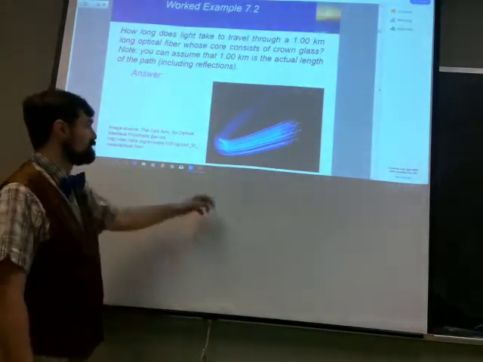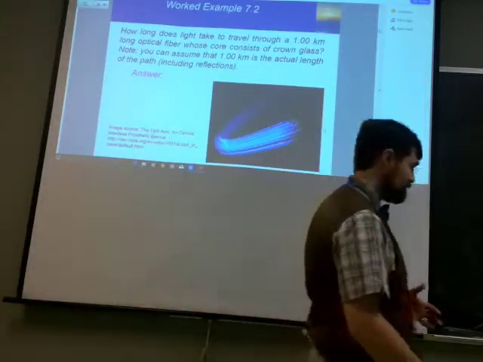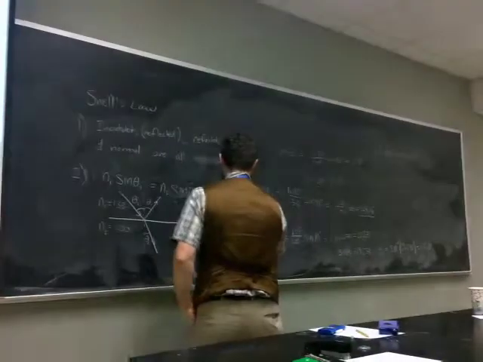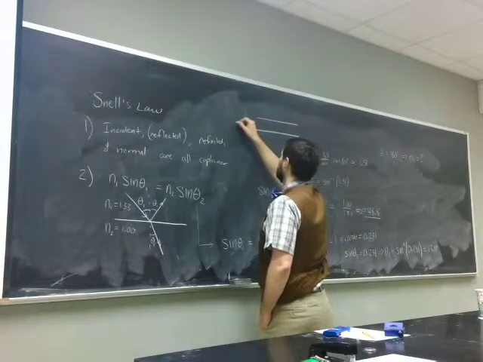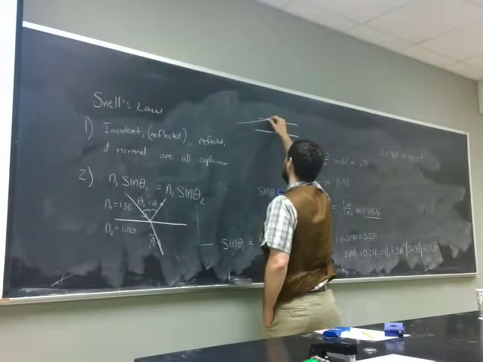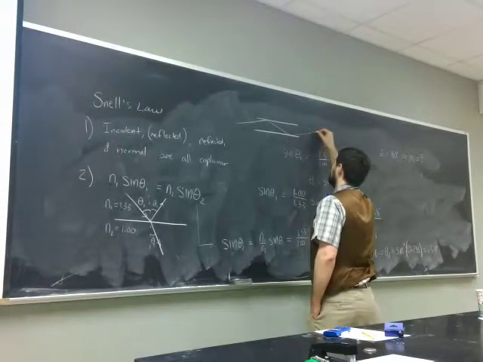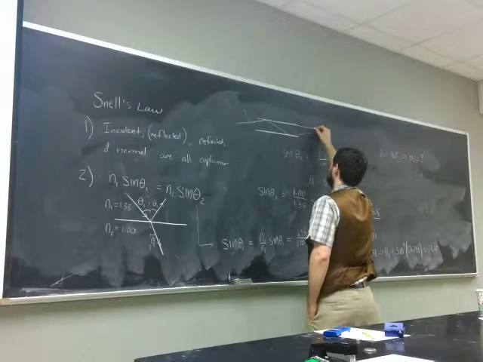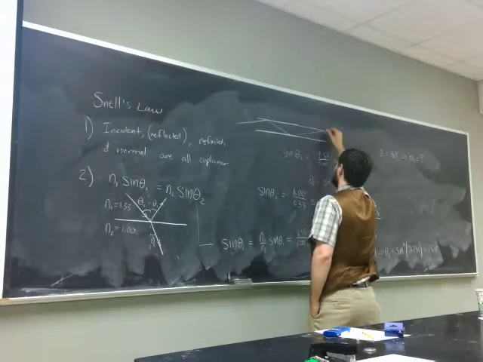The way that works is that you have these optical fibers. The optical fibers are designed in such a way that you send your signal in one end. And it bounces off for total internal reflection, bounces off for total internal reflection, and so on, until you get to the other end.